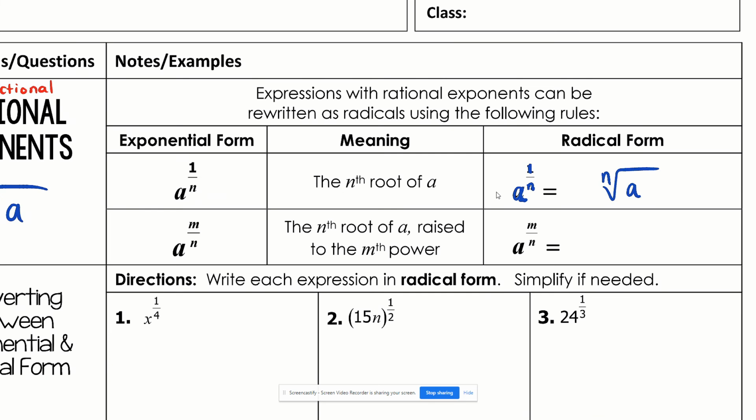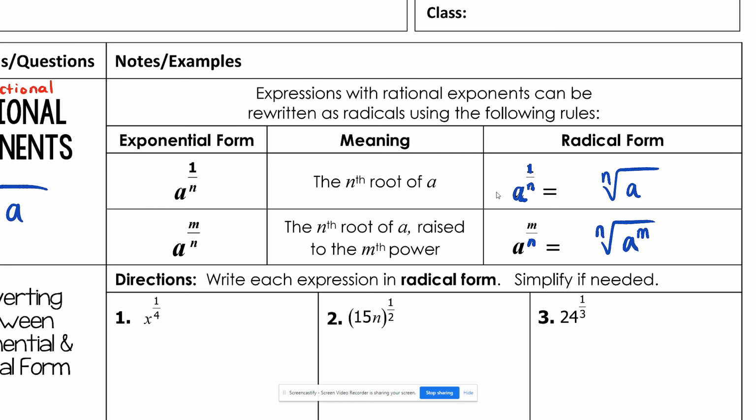So if I have a to the m over n power, it's a fractional exponent. A fractional exponent can always be written as a radical. So the denominator is the root, the base is the radicand, and the numerator is the exponent of that radicand.